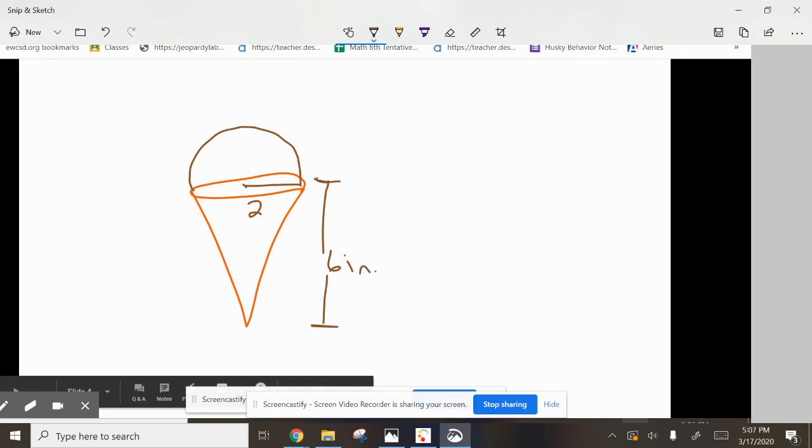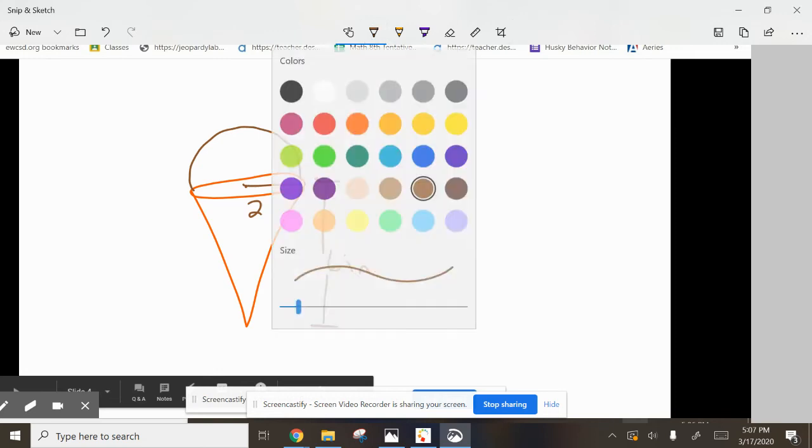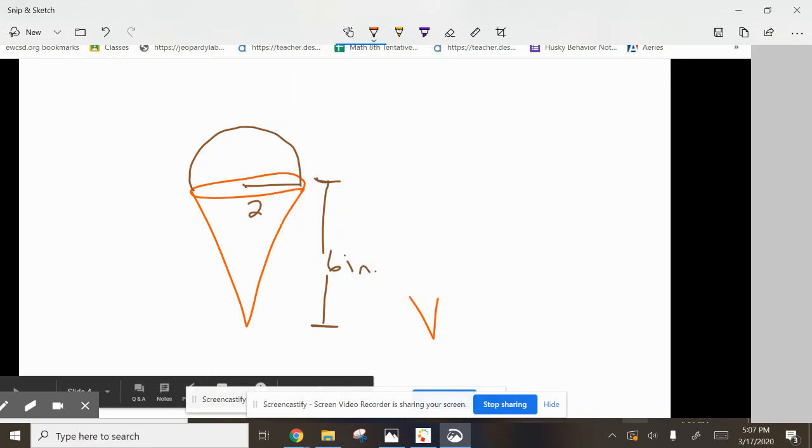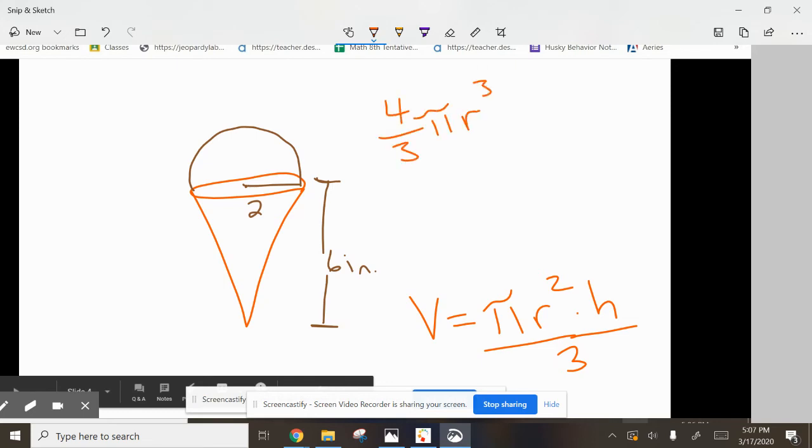All right. Well, what is the total volume? You're going to have to do a couple formulas here. Do the best you can. Remember, the cone formula is pi r squared times height divided by 3. It's the same as a cylinder, but you cut it into thirds. And then the sphere is 4 over 3 times pi r to the third.